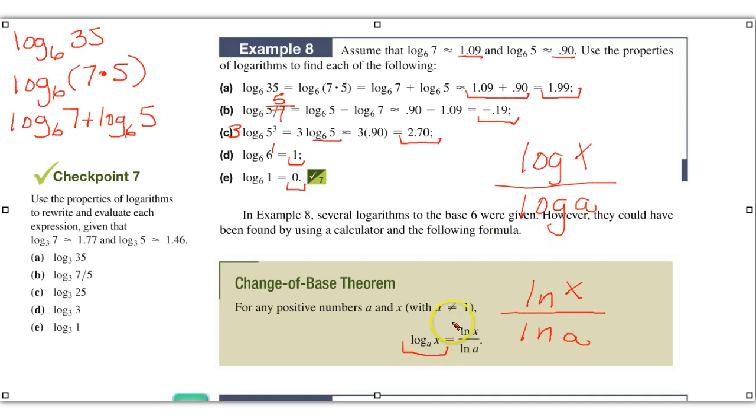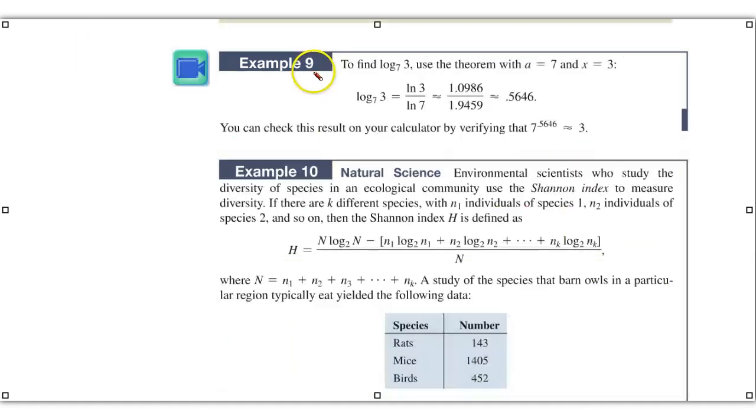Now, what we've done is changed it. It's called change of base. We've changed it from whatever base it was into values we have on our calculator. We could change it into natural logs or common logs. So in example 9, they're giving you log base 7 of 3.